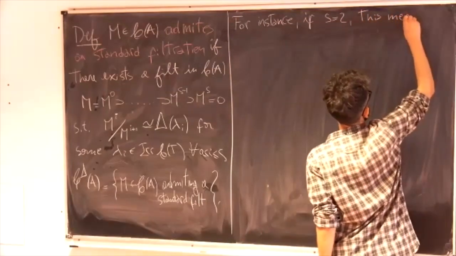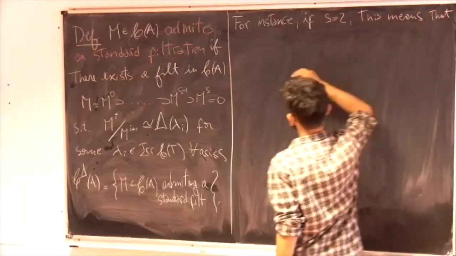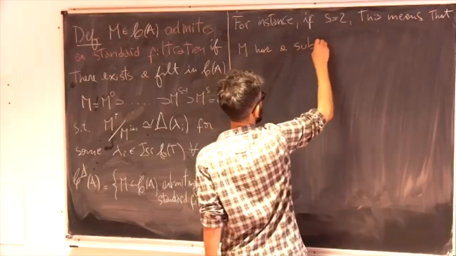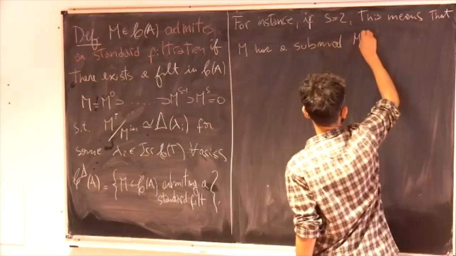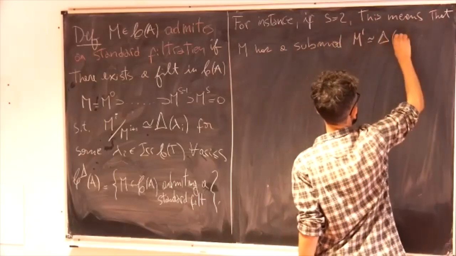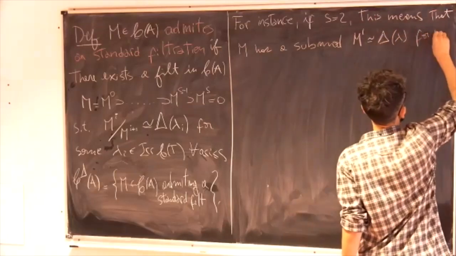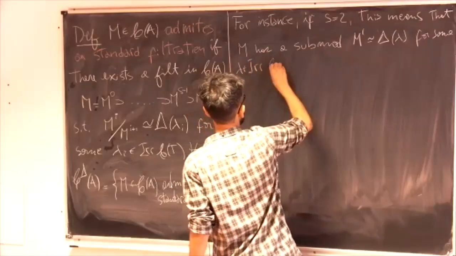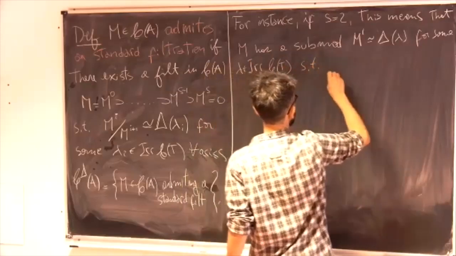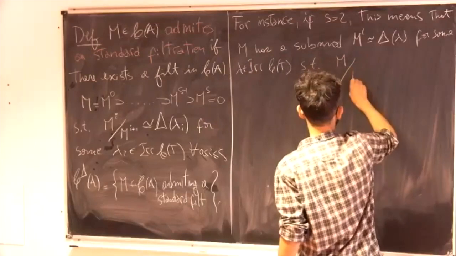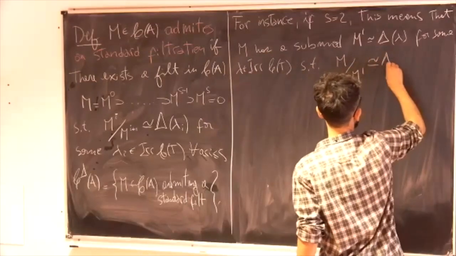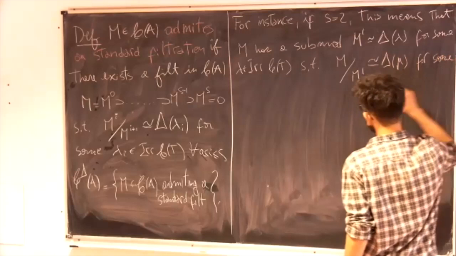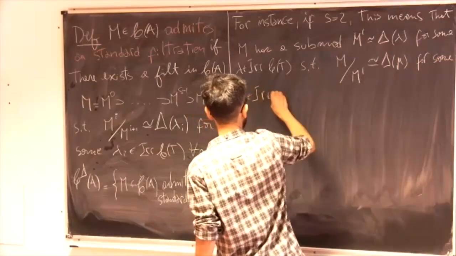This means that M has a submodule M1 isomorphic to delta lambda for some lambda, such that when you quotient M by M1, this is isomorphic to L mu for some mu, simple over T.